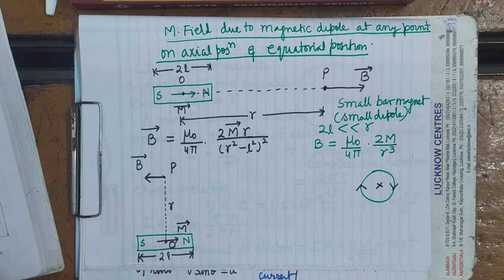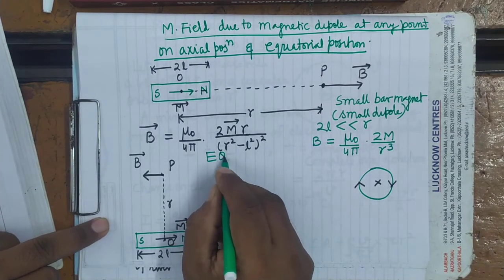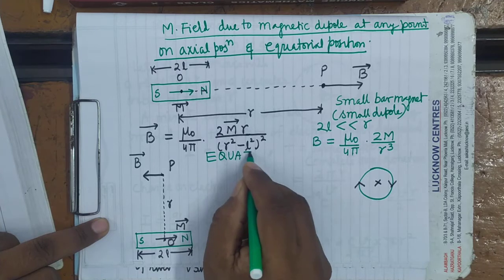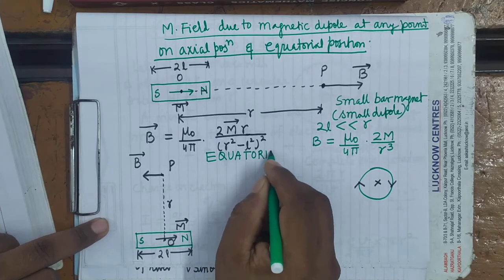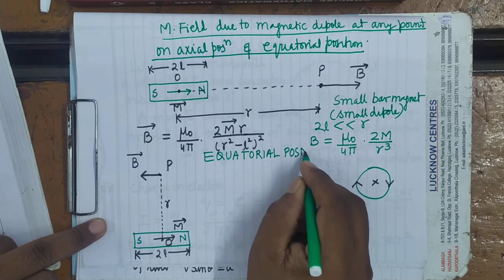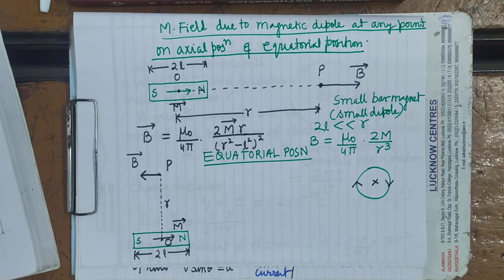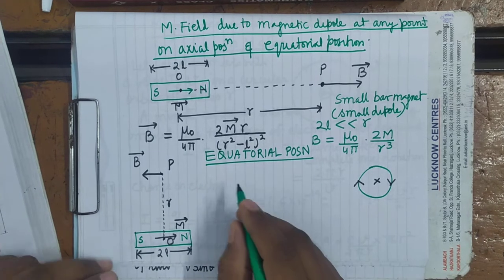On the equatorial position, what was the formula of the magnetic field?